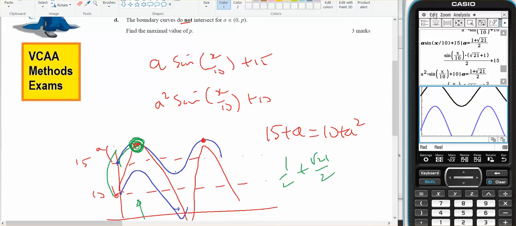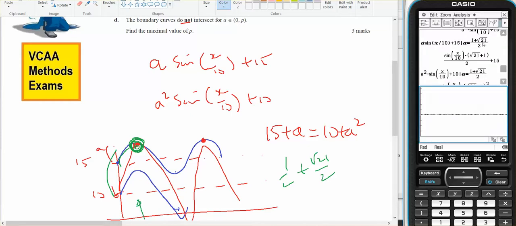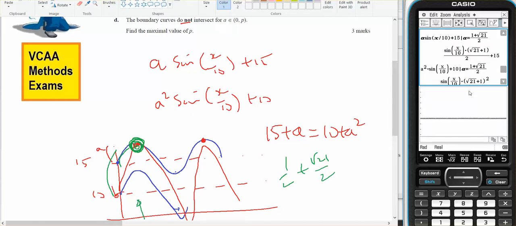And I'll go edit, clear all, move this across. I need to go maybe 0 up to 100. I'll grab that one, drag and drop, grab that one.